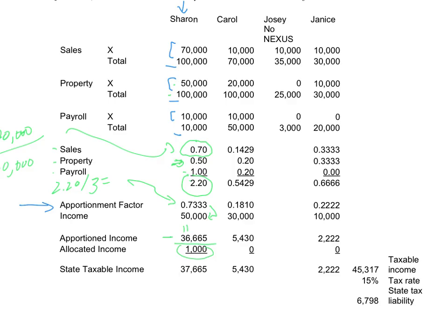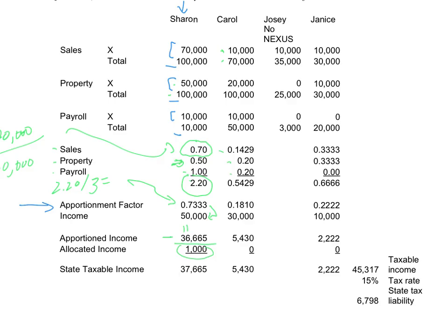Now, we're going to do that same apportionment for each of the other entities. We've got sales per company for state X over total sales, and we did that for sales, property, and payroll. That gives us these percentages again.